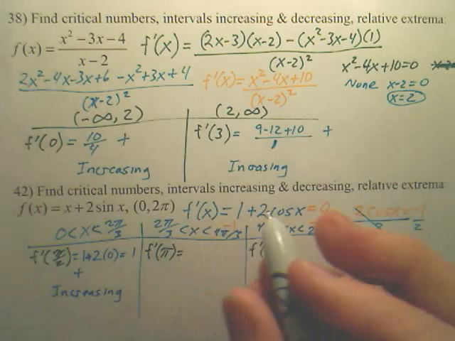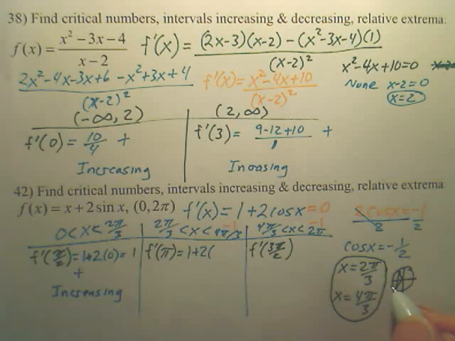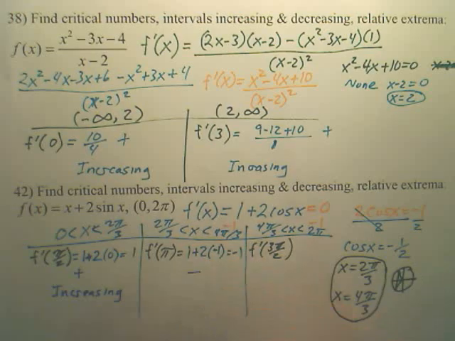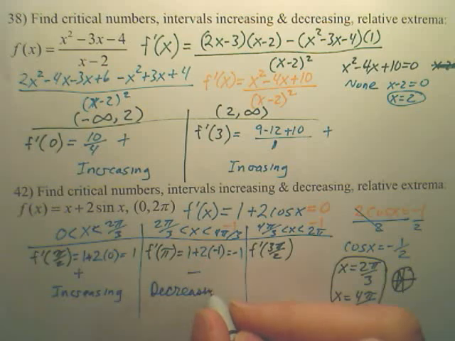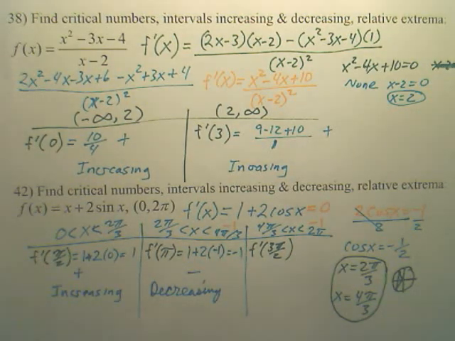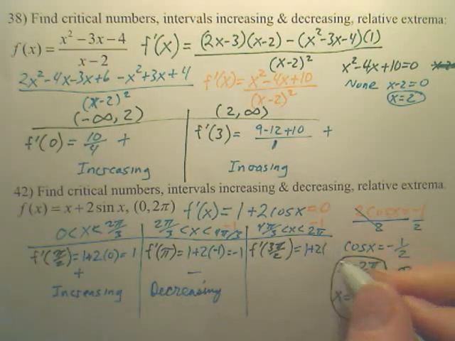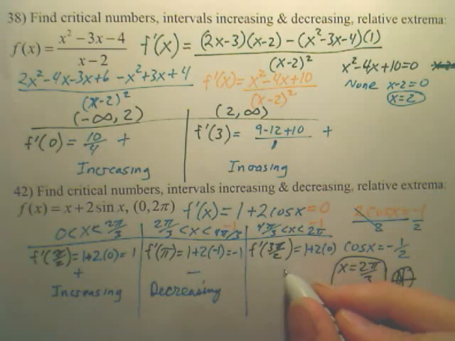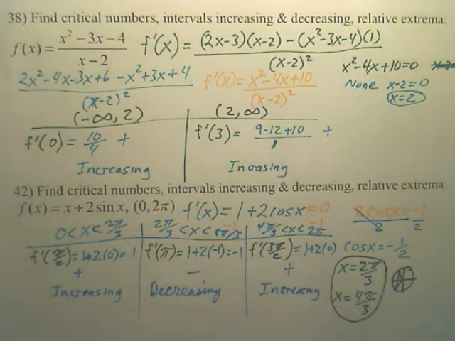And the next one, when you do pi, 1 plus 2 times cosine pi, isn't that negative 1? So won't that be negative? So it's decreasing. And then the last interval, 1 plus 2 times, with this one it's 0 again. So isn't that positive? So it's increasing.